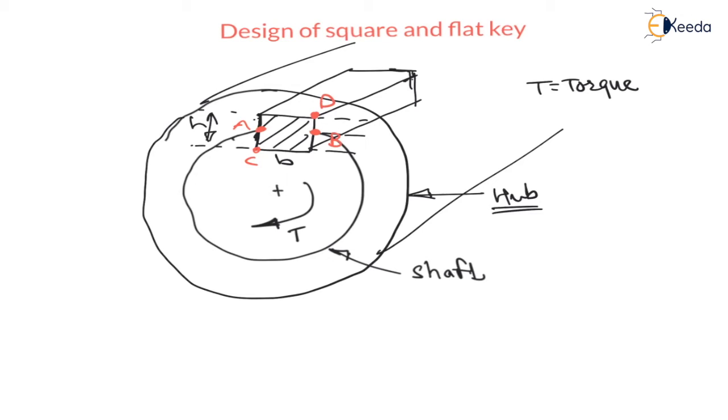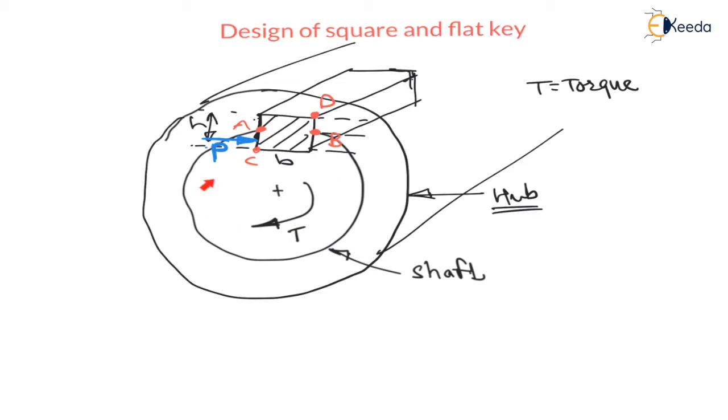Now as the shaft is rotating in clockwise direction, the shaft will apply force on the key on this AC portion. Therefore let us say this is a force P applied by shaft on the key on AC. The force will go towards right, definitely because of rotation, right?